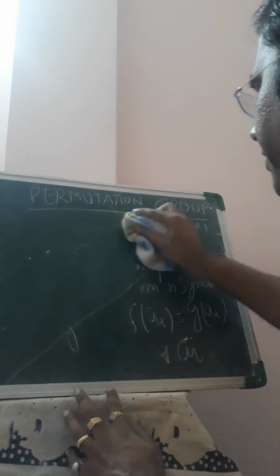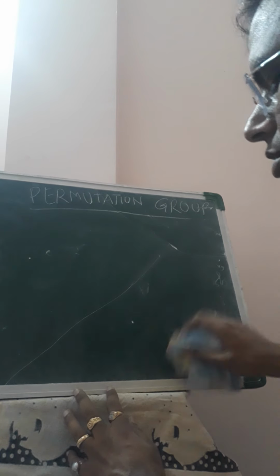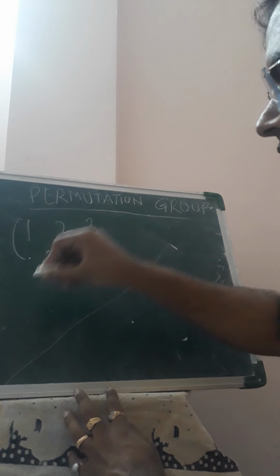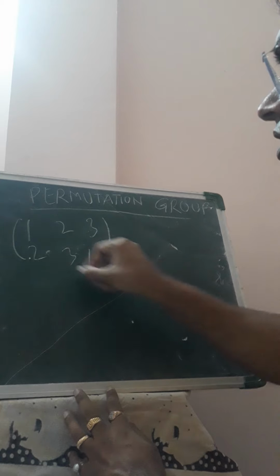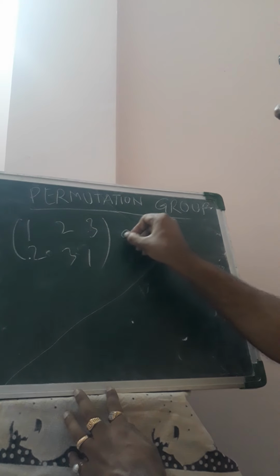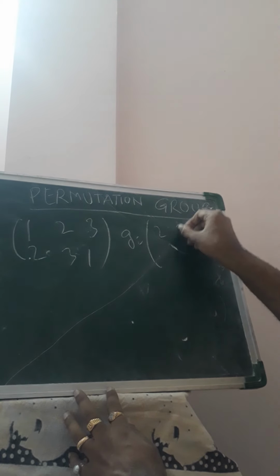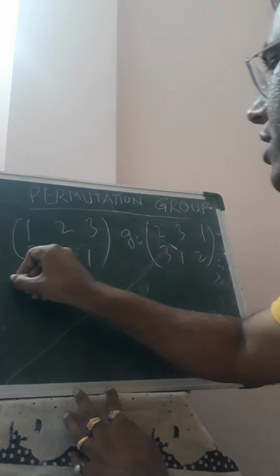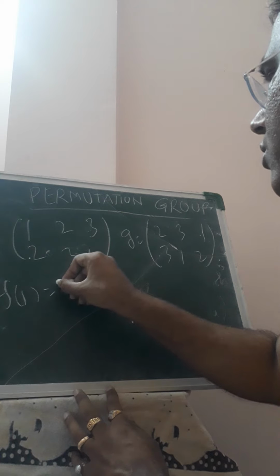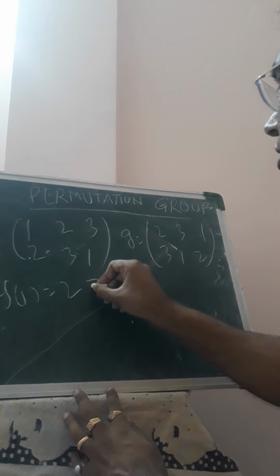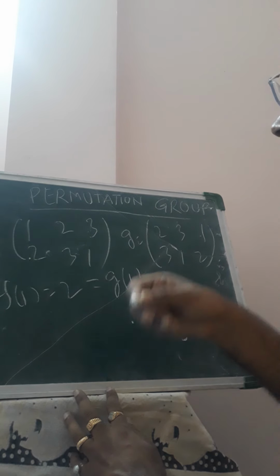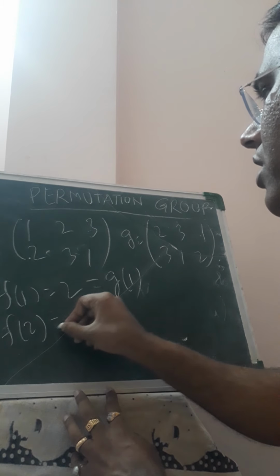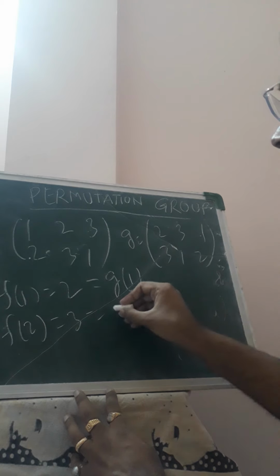For example, suppose we have two permutations. F is 1 2 3 over 2 3 1. This is F, and G is equal to 2 3 1 over 3 1 2. Here F of 1 is equal to 2 and G of 1 is equal to 2. So F of 1 is equal to G of 1. F of 2 is equal to 3 and G of 2 is equal to 3.